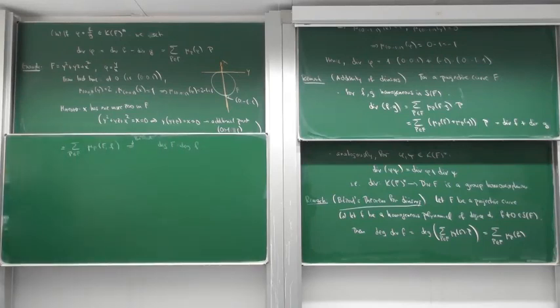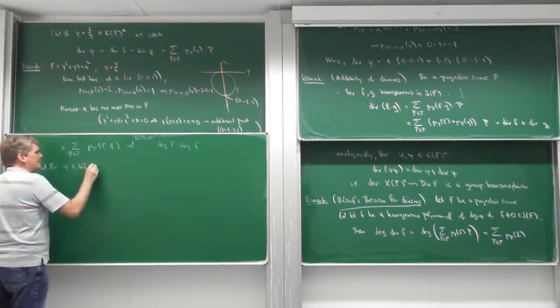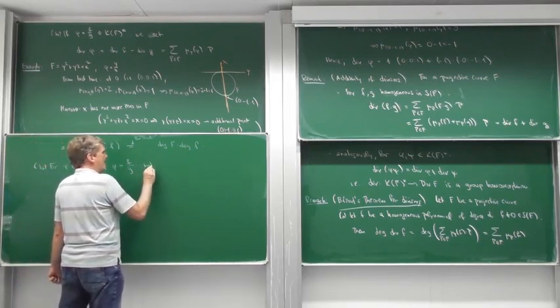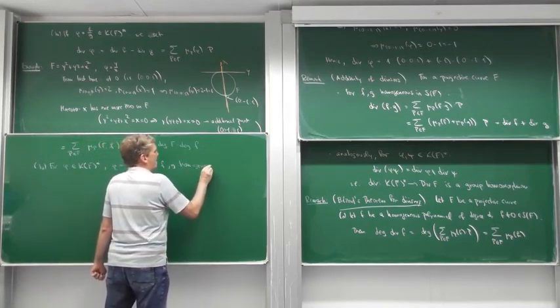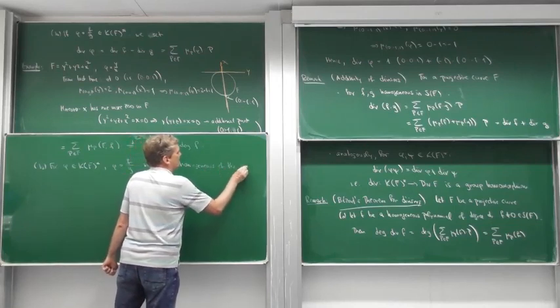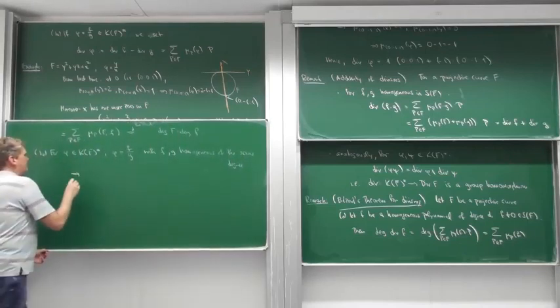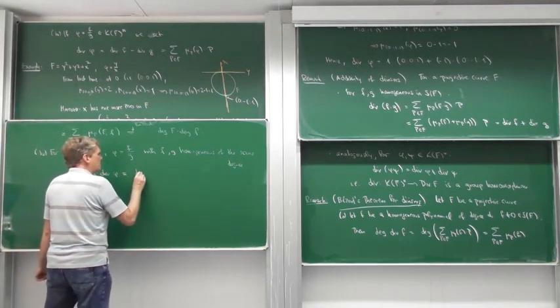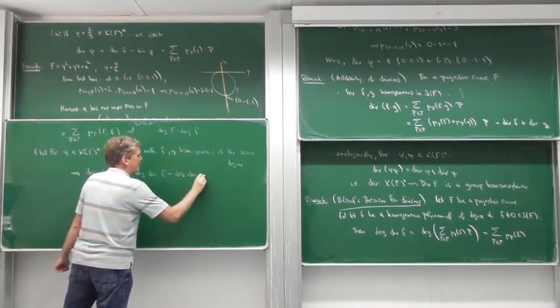So we know what the degree will be of this divisor, and it's even simpler for rational functions. So for phi, a rational function which is non-zero, we can write this as f over g, with f and g homogeneous of the same degree. And that means that if we take the degree of the divisor of phi, then the degree was a homomorphism, so we can write this as the degree of the divisor of f minus the degree of the divisor of g.